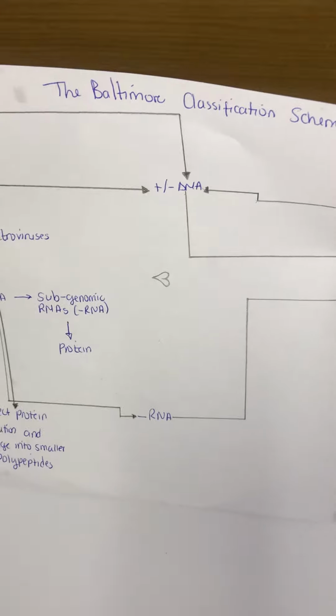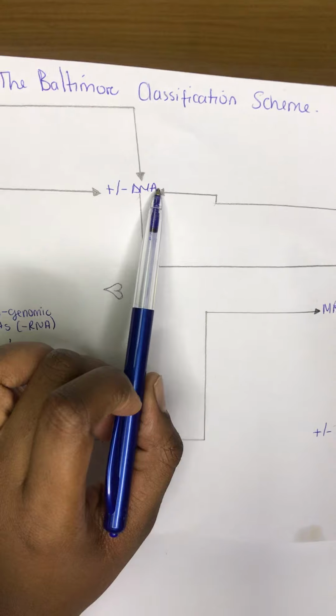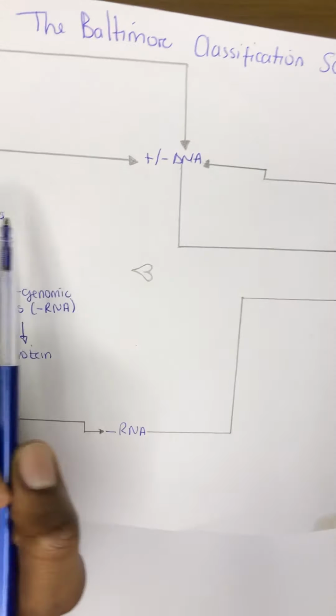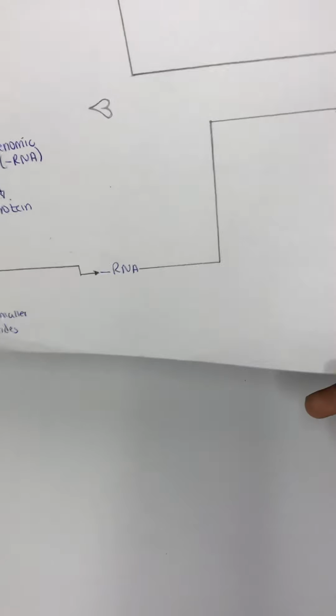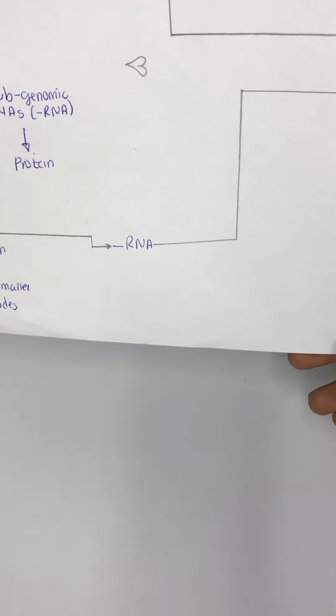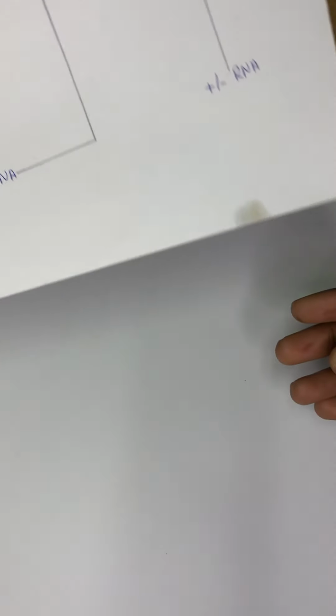In the basic classification scheme, viruses are classified according to the nucleic acid they possess, whether they are negative stranded DNA viruses, double stranded DNA viruses, positive DNA viruses, retroviruses, which are positive RNA viruses, negative RNA viruses, and double stranded RNA viruses.